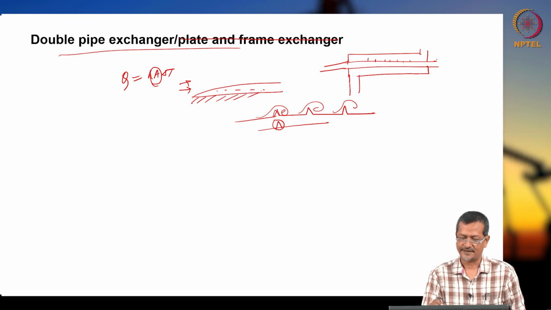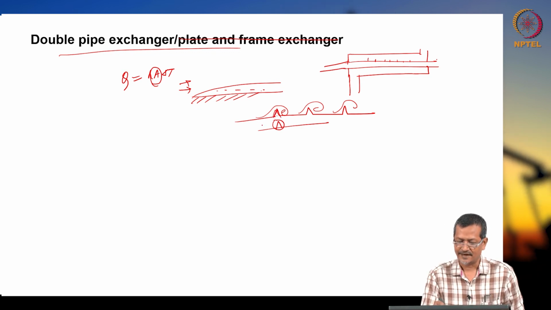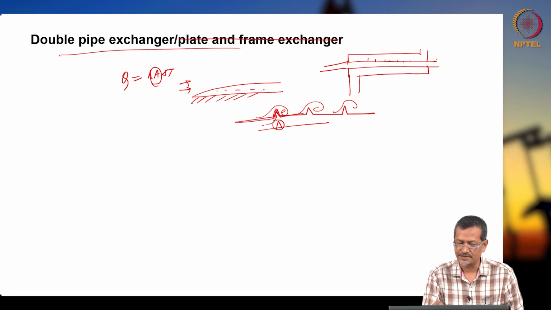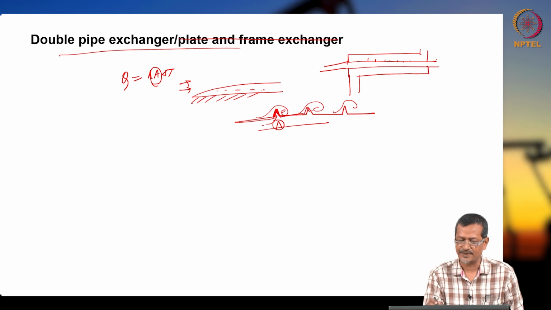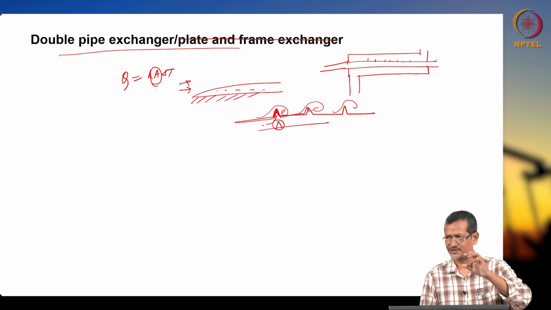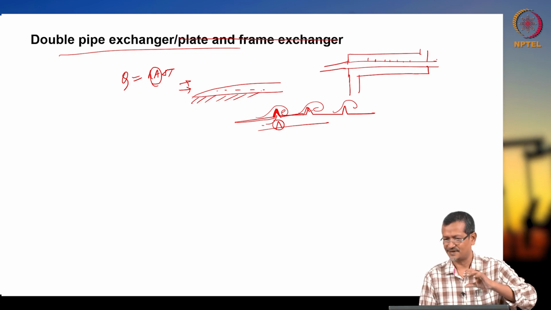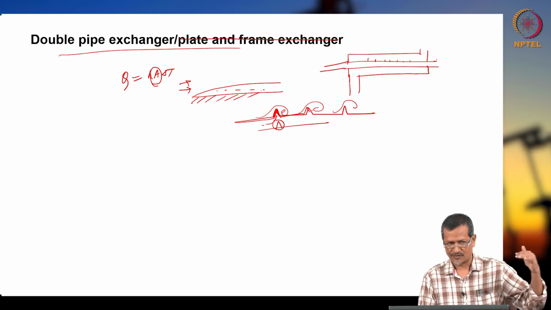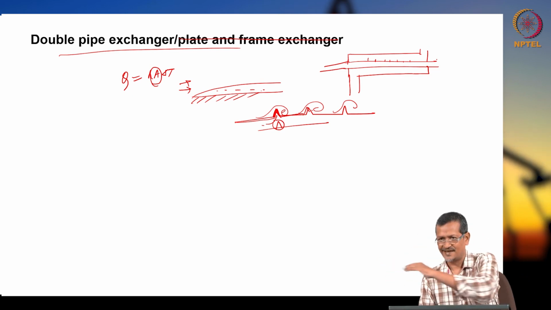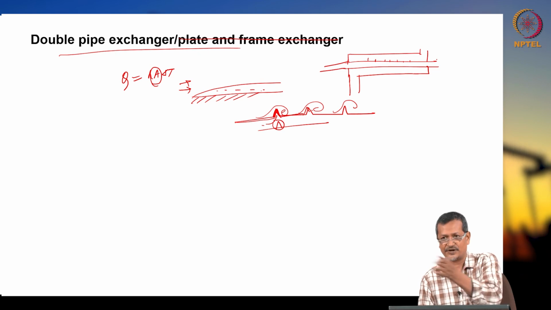And another thing is that the surface increased, and this is a metal conductive surface. So this fin surface will also be heated to the same temperature. Fin will be designed in such a way that its temperature will be almost the same as the main metal, and the cold fluid or hot fluid will be touching the fins and surface, with lots of turbulence, so heat transfer rate will be increased.